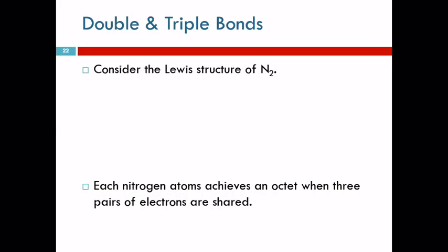So let's look at nitrogen, another one of the diatomic elements. So nitrogen and nitrogen. How many valence electrons does each nitrogen have? 5, right? 1, 2, 3, 4, 5.